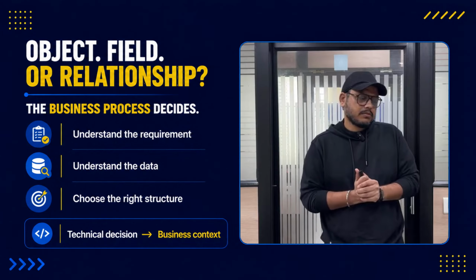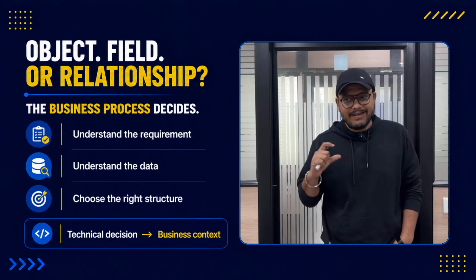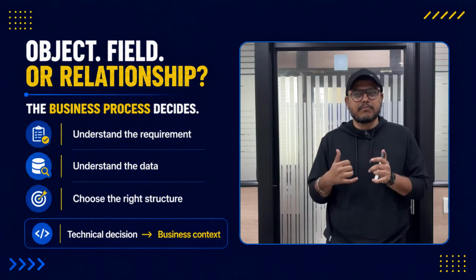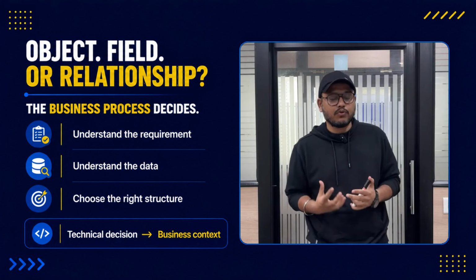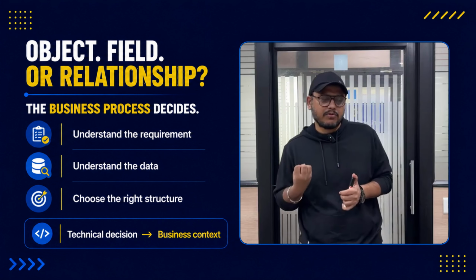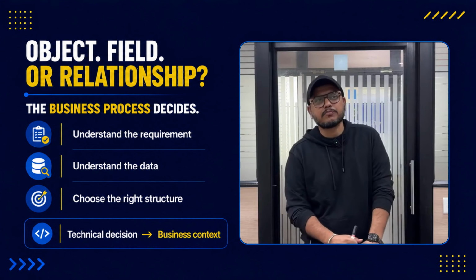Okay, diving a little deeper, how do you decide whether something should be a separate object, a field, or a relationship? It depends a lot on requirement understanding. If you understand the overall requirement, things become easier. These are technical decisions, but the context or reason for these decisions is connected to the understanding of the business process.